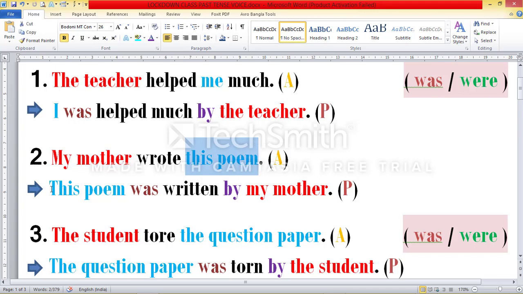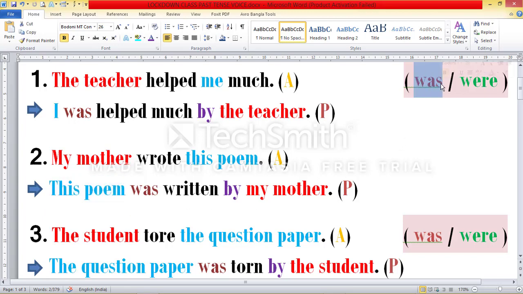So this poem here has become subject. After making the object subject, we have to go to the be verb, that is was, were, in case of past indefinite tense. Here, as the subject is third person singular number, was will come.